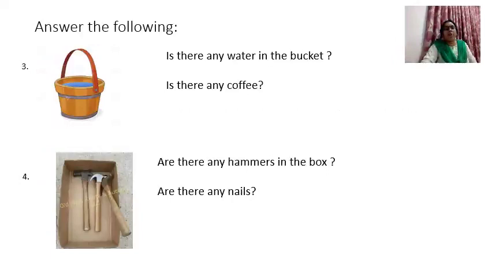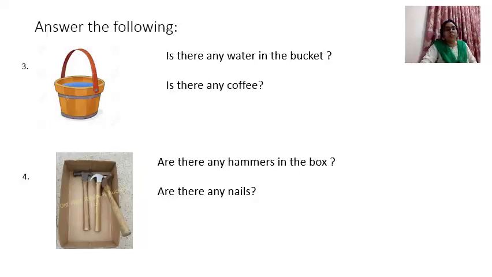Now you have already learned how to answer. Now you can answer the questions very quickly, right? Now third one. Is there any water in the bucket? Is there any coffee? Now both water and coffee are uncountable. So you have to answer by using the keyword.